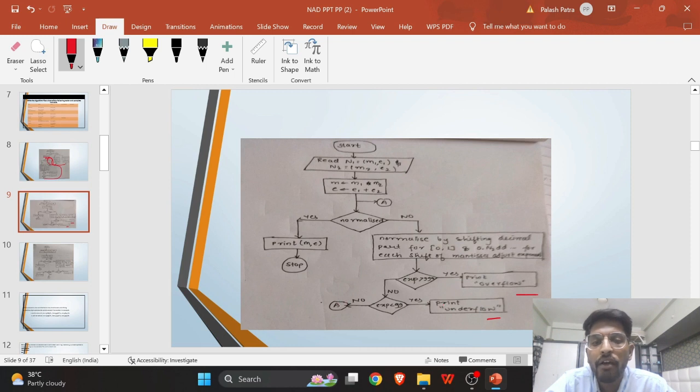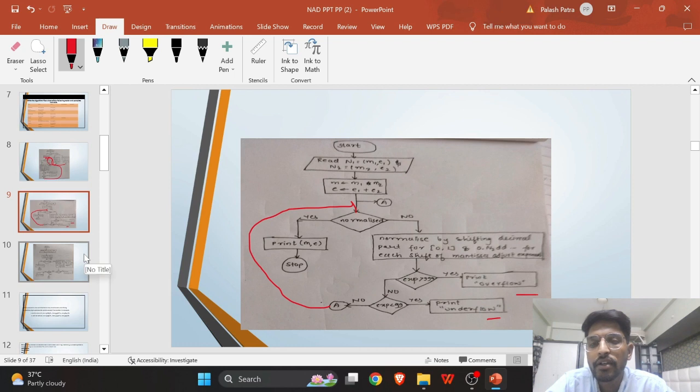Then we move again to the part A, over here, and we check again if the condition is normalized. It would be normalized this time, so we print the result. This is the algorithm for multiplication of two floating point numbers.